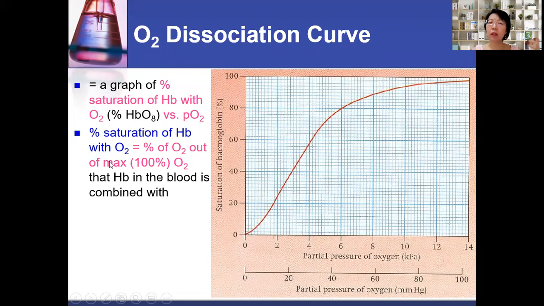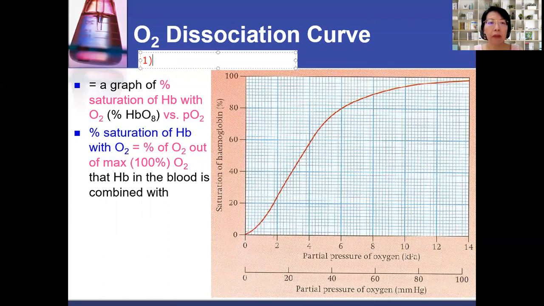Sometimes when I look at this wording, I find it a bit vague and difficult to remember. So I use a simple way to help me remember. There are two ways, which may not be very accurate, but are easier to understand. The first one is I take percentage saturation of hemoglobin with oxygen as the percentage of oxyhemoglobin.